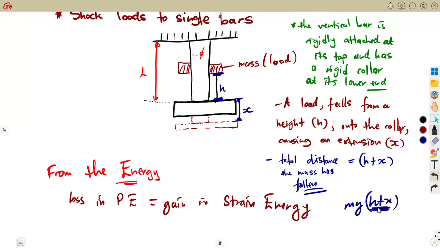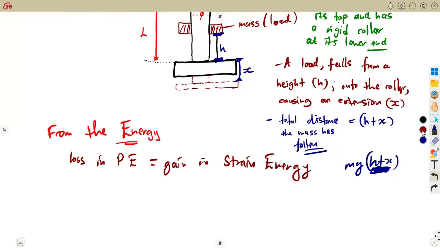So the potential energy, mg into h plus x, the total distance fallen, must be equal to the gain in strain energy.